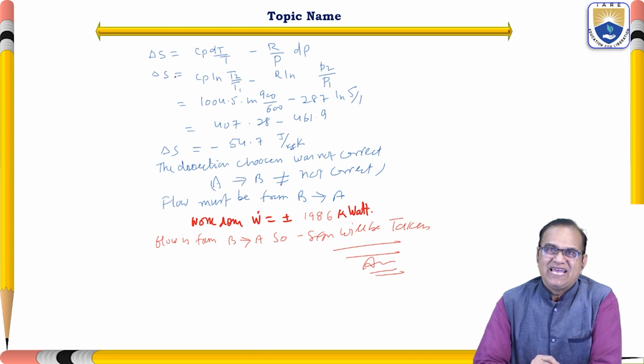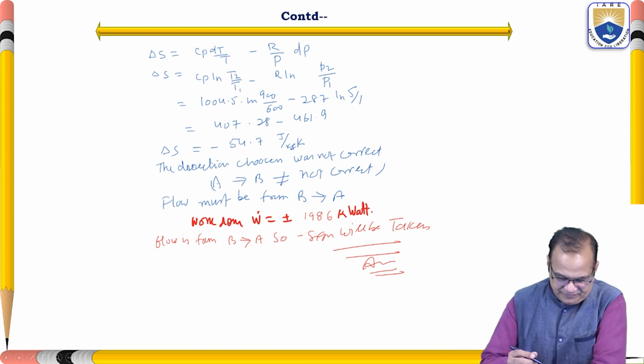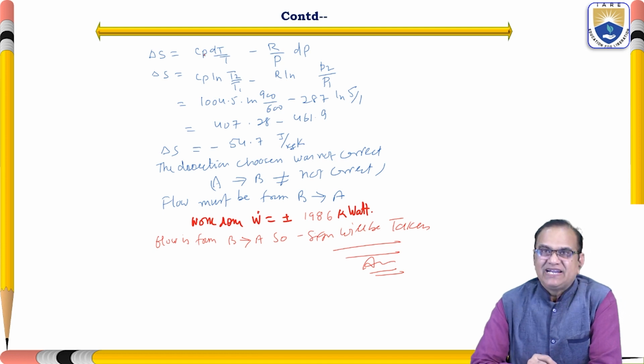So this delta S is equal to Cp ln T2 by T1 minus R ln P2 by P1, and we will put the values here.